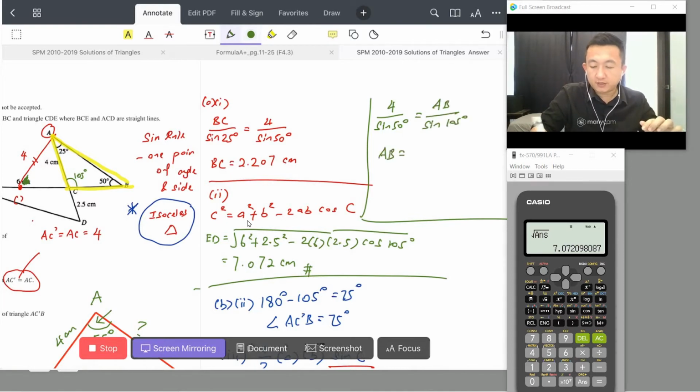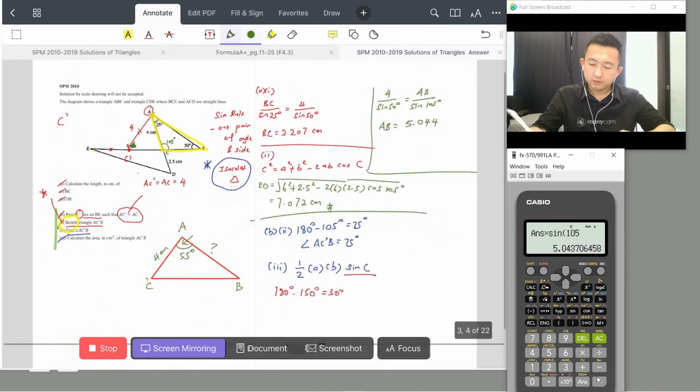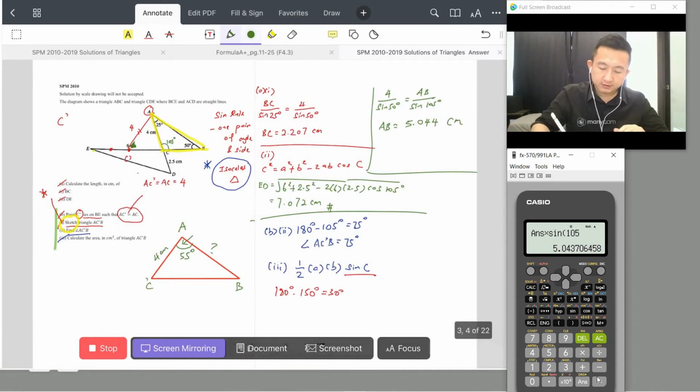So AB equals 5.044 cm. This is 5.044. We have everything we need.